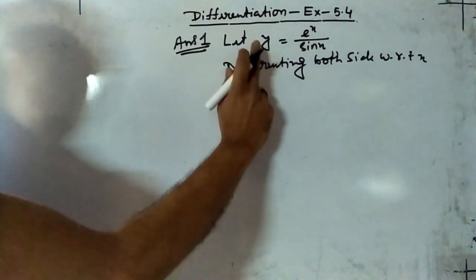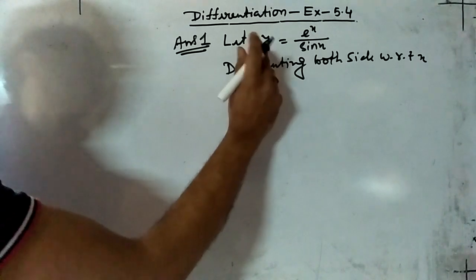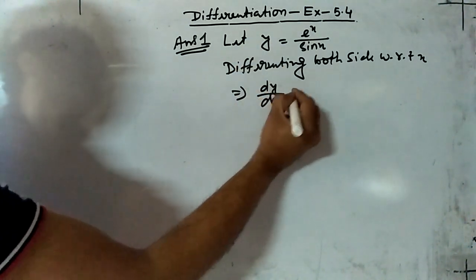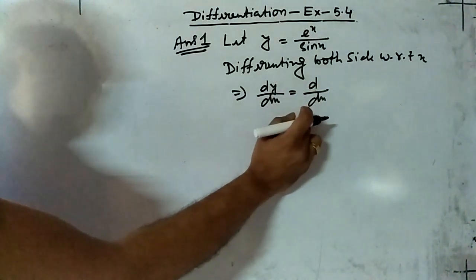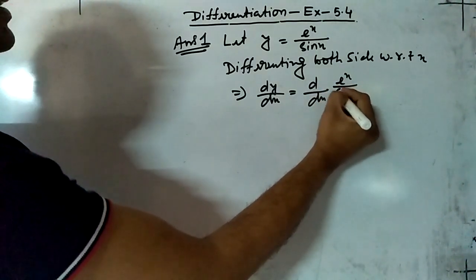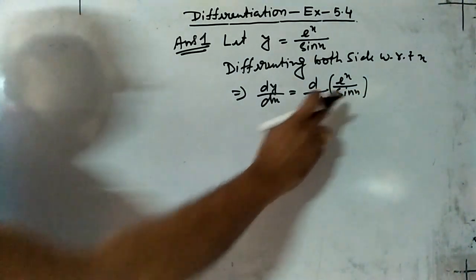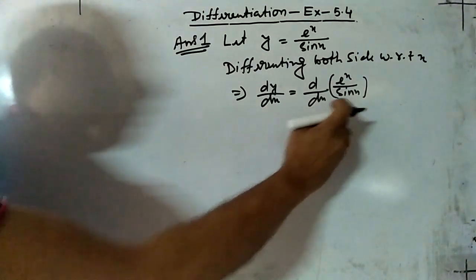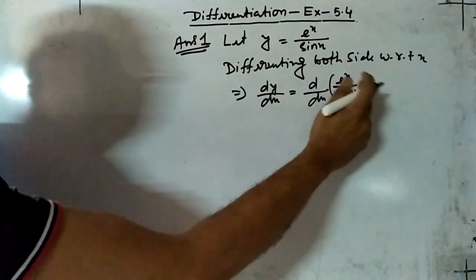Both sides if we differentiate with respect to x, then the derivative of y will be dy by dx, and d by dx, which is the symbol of derivative, of e to the power x upon sin x. This is the function. Now you have to check which rule we have to use. Here it is u by v, that means we have to use the quotient rule to find the derivative of this function.